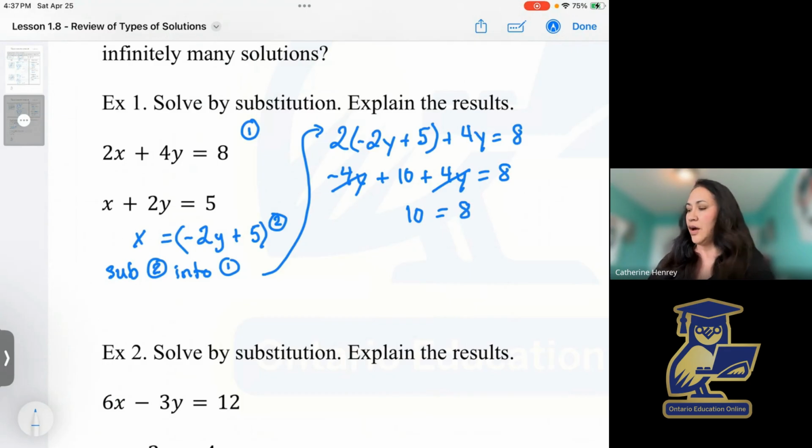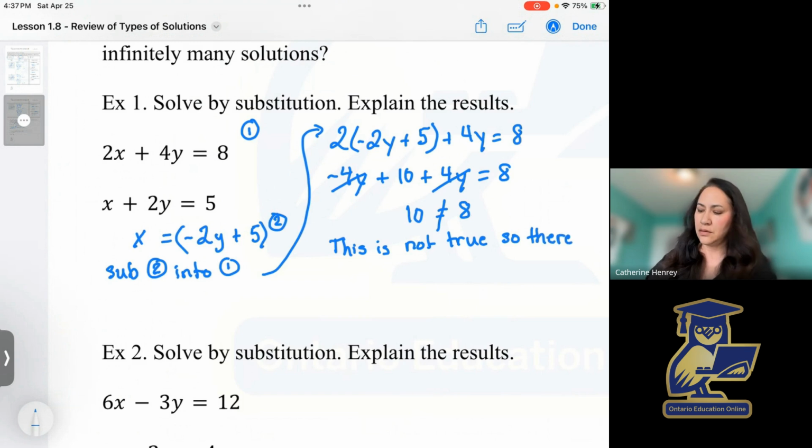But 10 is not equal to 8. And so because this is not true, there are no solutions. And these lines would be parallel.